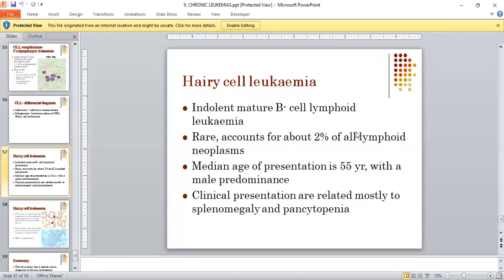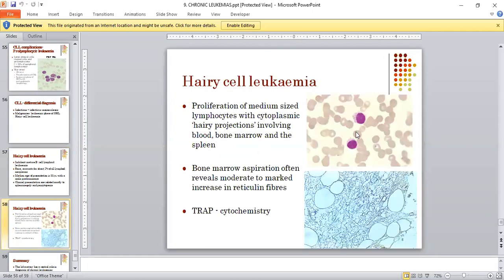So that tells you the anemia, the bleeding or bruising. In this one, there's proliferation of medium-sized lymphocytes with cytoplasmic hairy projections involving blood, bone marrow, and the spleen. So the hairy projections are the ones that are responsible for it being called hairy cell leukemia.